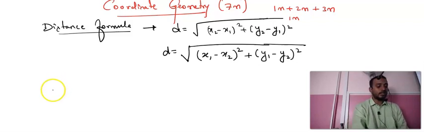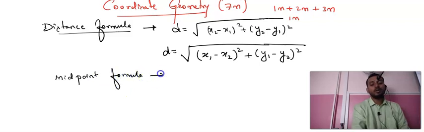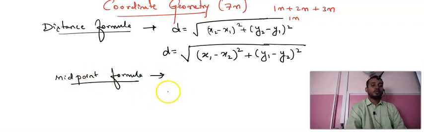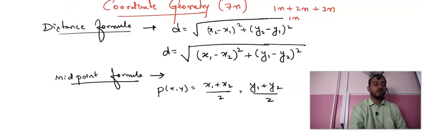This is the first case, and then we have the midpoint formula. So what is the midpoint formula we have? P of x comma y is equal to (x1 plus x2) by 2 comma (y1 plus y2) by 2. You remember this order.